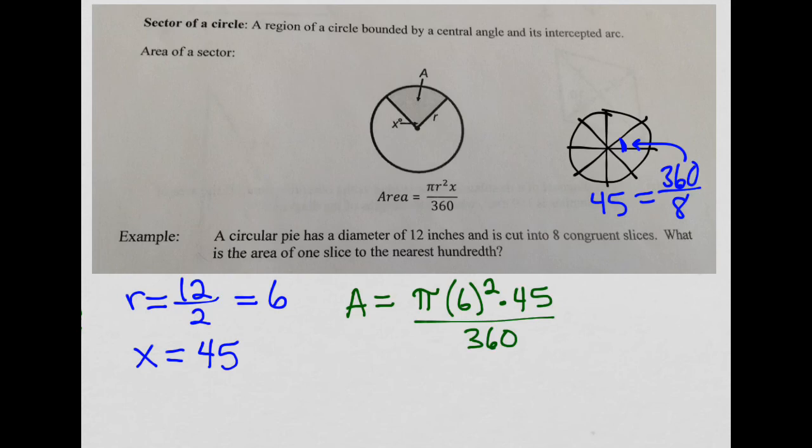Pi times 6 squared times 45 all over 360. I got 14.137. So nearest hundredth, that would be 14.14. And inches was our unit, so we're going to have inches squared for our area.